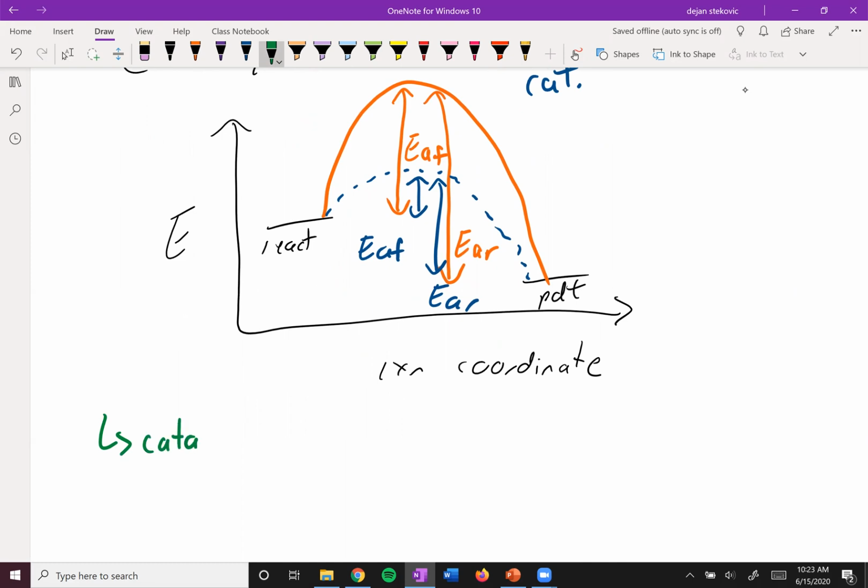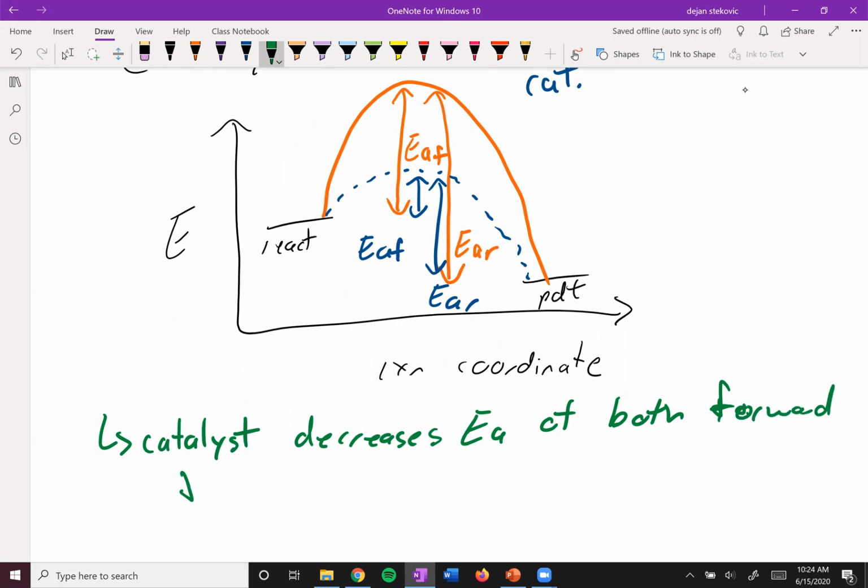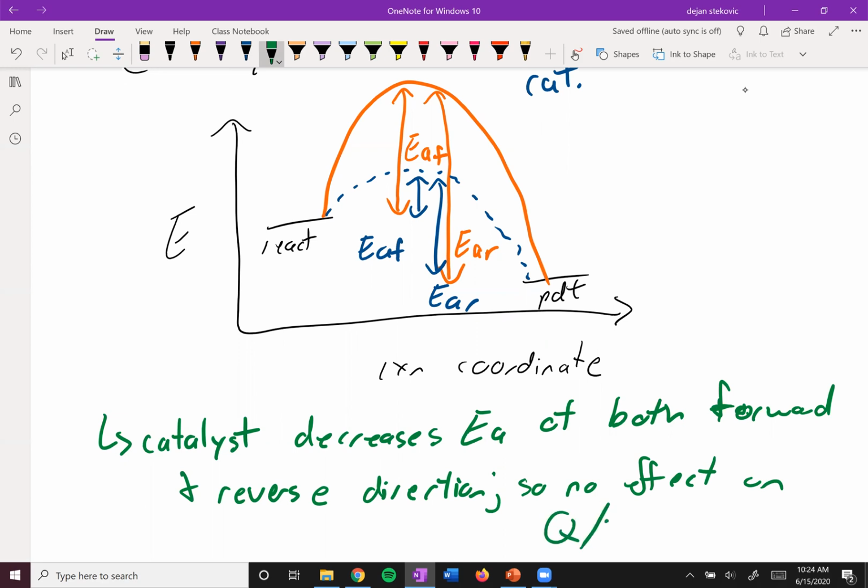So a catalyst decreases the activation energy of both the forward and reverse direction. And so it ends up having no effect on K. On Q/K. We will not shift the equilibrium, but we will get to wherever we're going to faster.